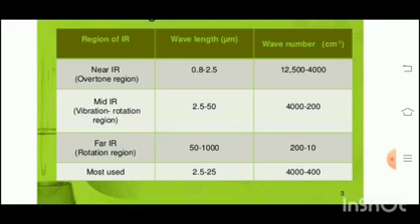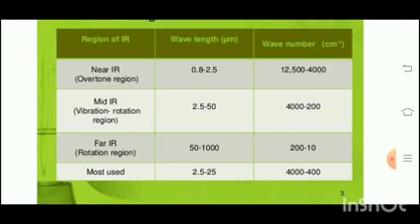The near IR region falls between 0.8 and 2.5 micrometer, the mid IR region is from 2.5 to 50 micrometer, and the far IR region is from 50 to 1000 micrometer. Generally, for normal organic compounds, the IR radiation used in the IR spectrometer is from the mid IR region, which is 2.5 to 50 micrometer.